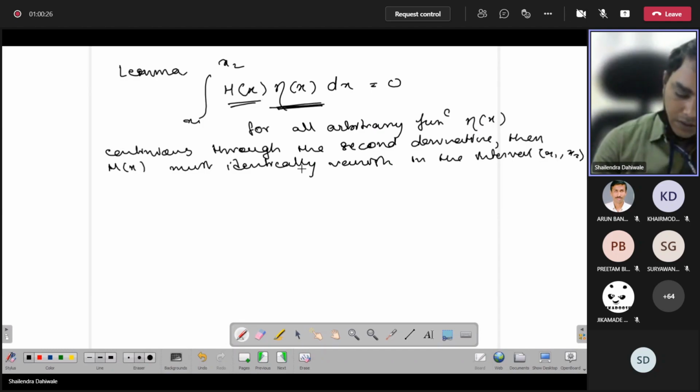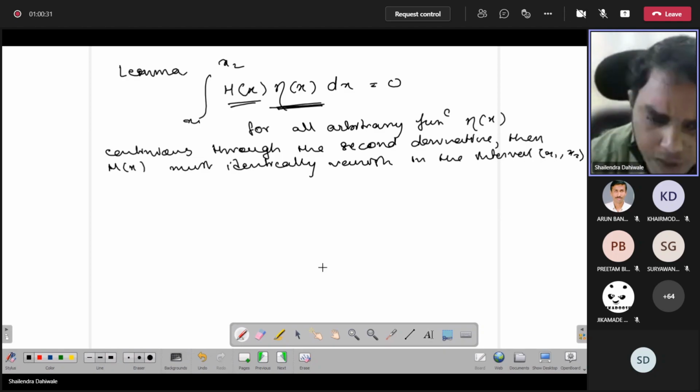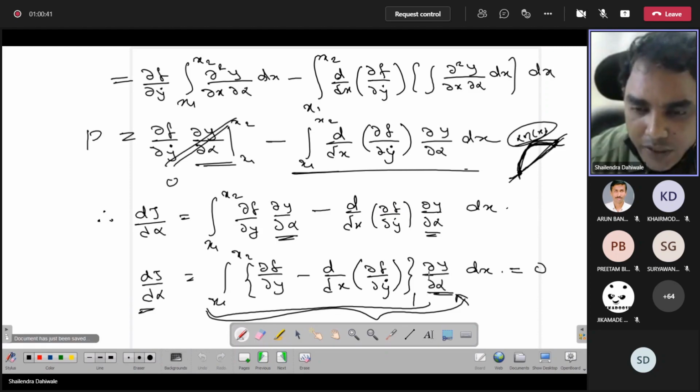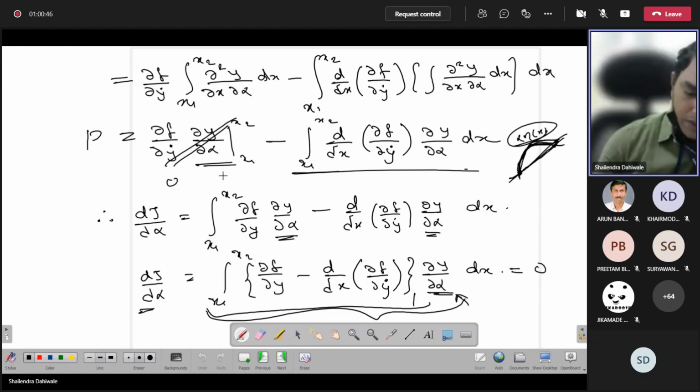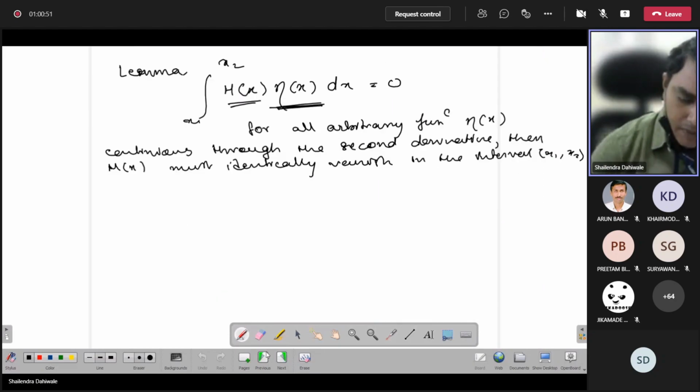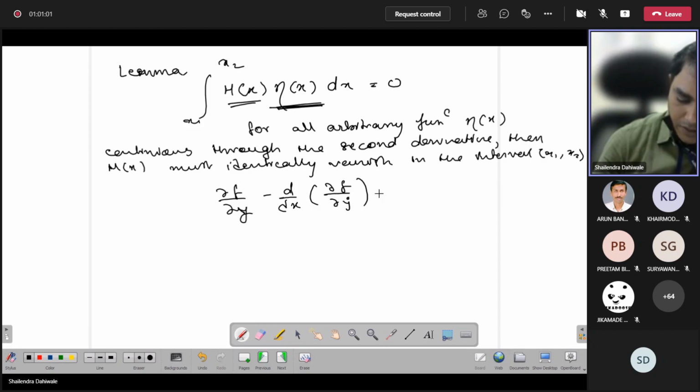The quantity in the previous bracket, this whole quantity, is your m of x, and this is eta of x. They must be independently equal to 0. So that means this quantity, del f by del y minus d/dx of del f by del y dot, should be equal to 0.